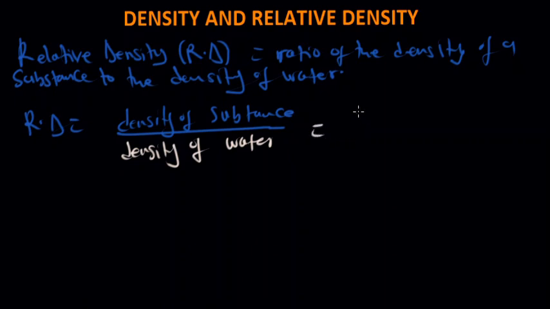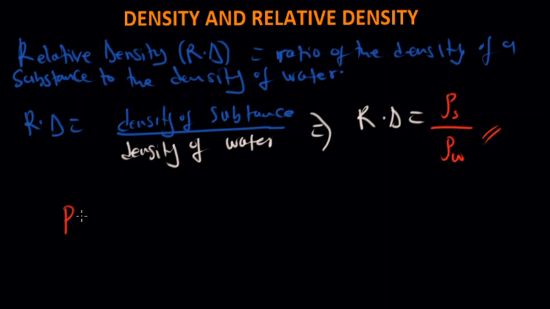This implies that RD is equal to rho of substance over rho of what? Water. And basically this is how you can obtain the relative density of a substance. So first of all, you must get the density of the substance and then the density of water, and then you compare.